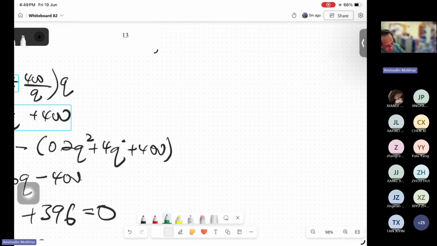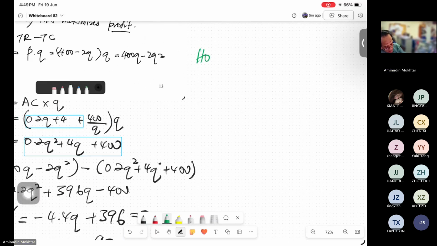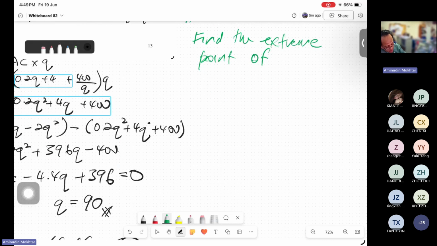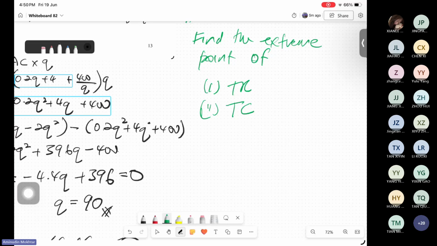The homework is: find the extreme point of TR and TC. The extreme point is a maximum or minimum. You need to decide what the extreme point is, minimum or maximum, for TR and TC.